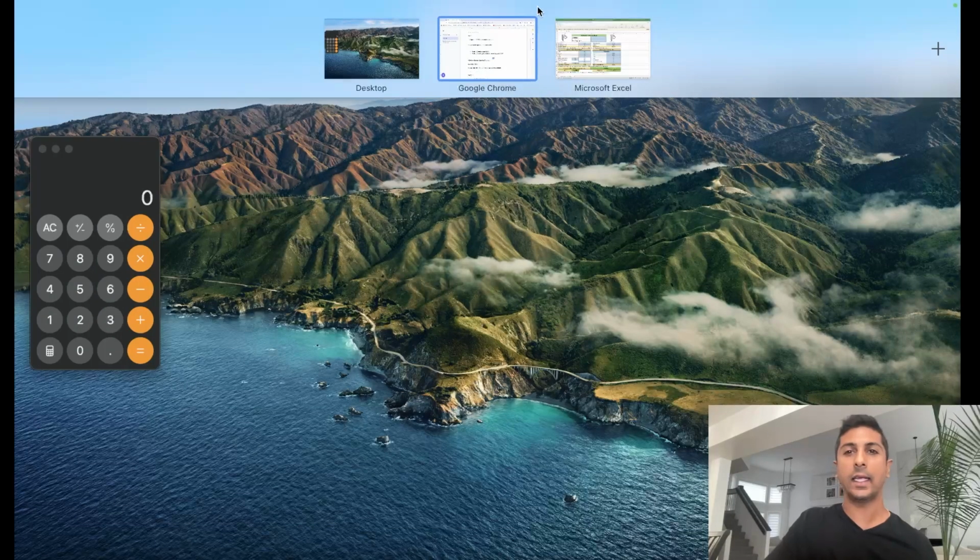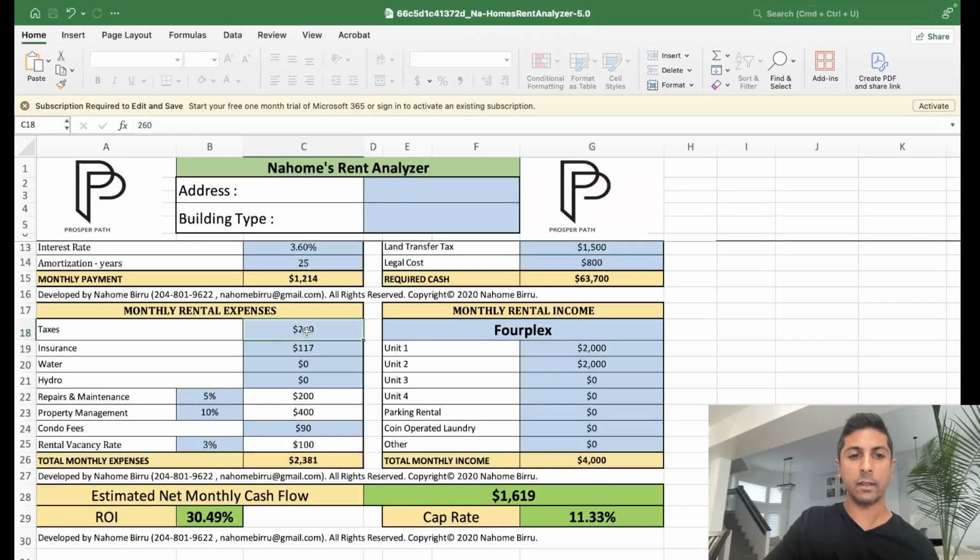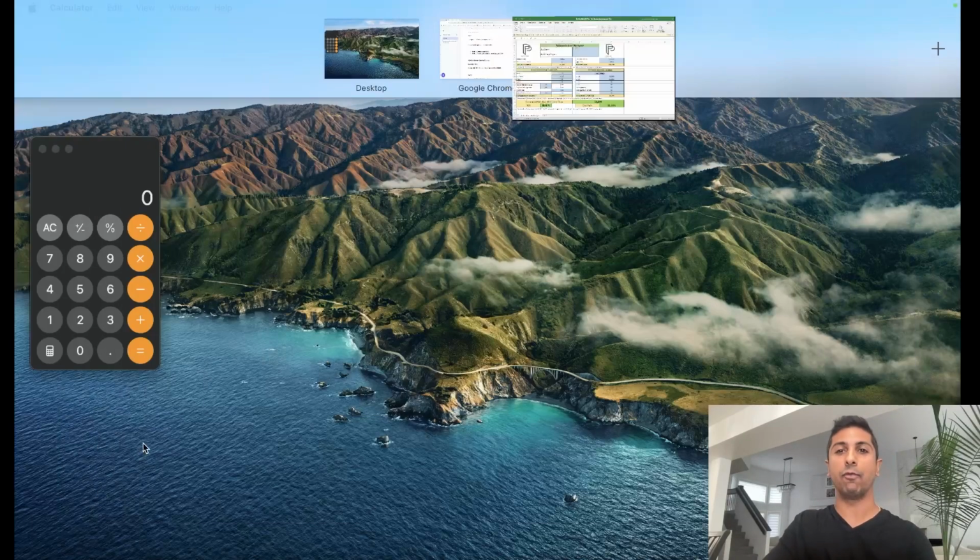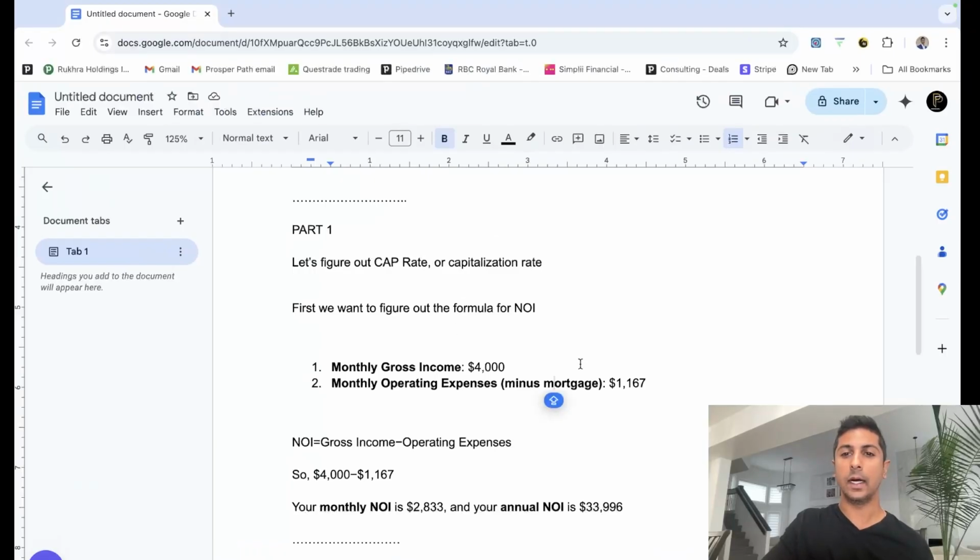So if you go back here, your monthly taxes, your insurance, your repair and maintenance, your property management, your rental vacancy percentages, your budget, it's going to give you $1,167.